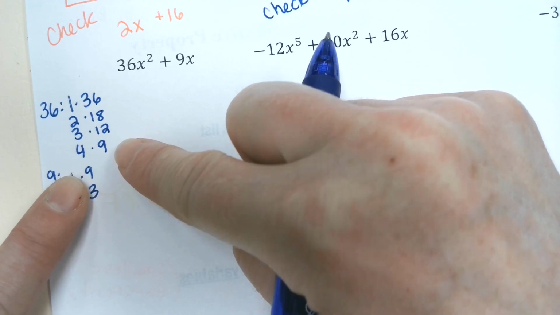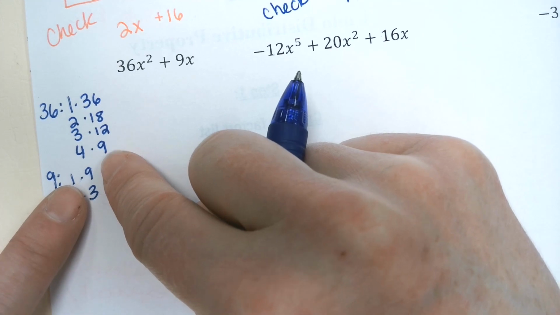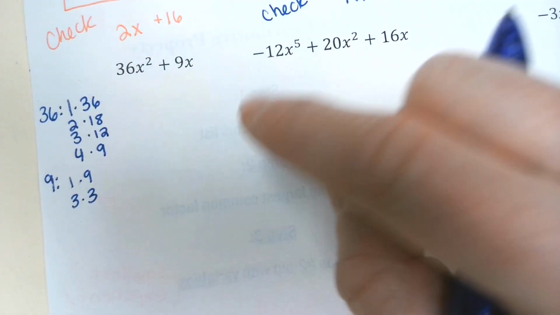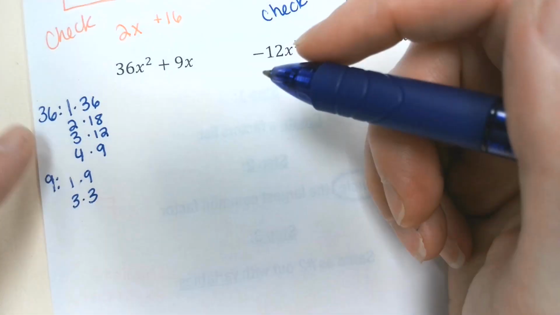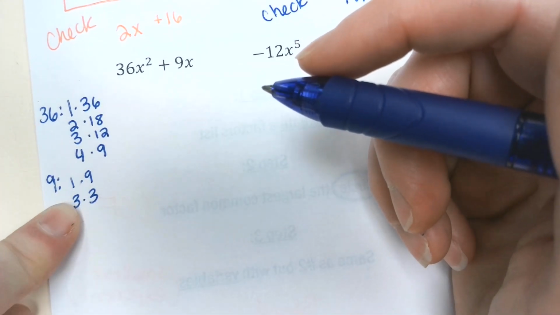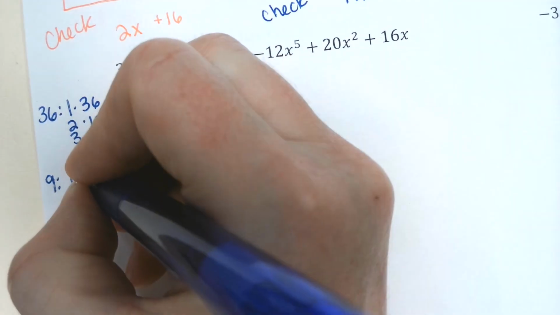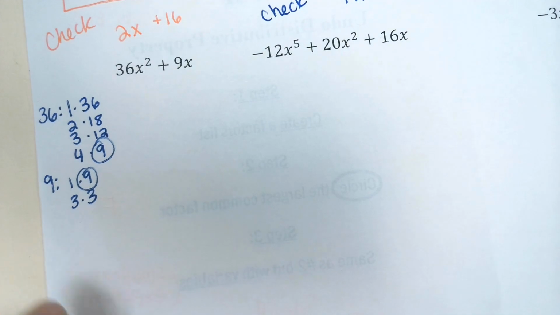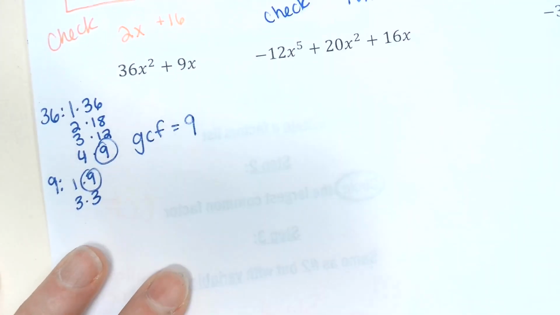So be really careful that you choose the biggest. Do an extra little check to make sure that truly is the biggest. I've seen several today that have picked the 3 because they didn't see that 9 was the largest. Okay, so my GCF is 9.